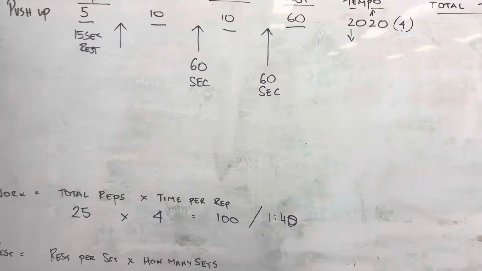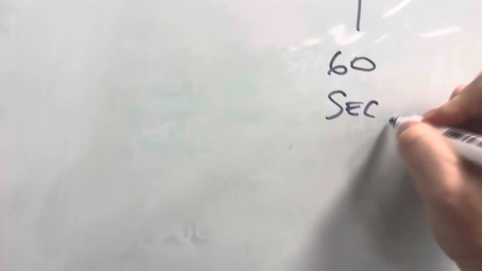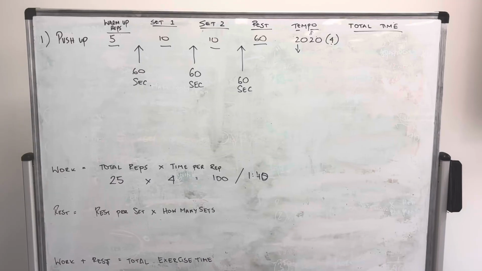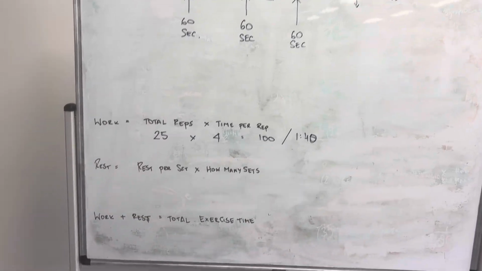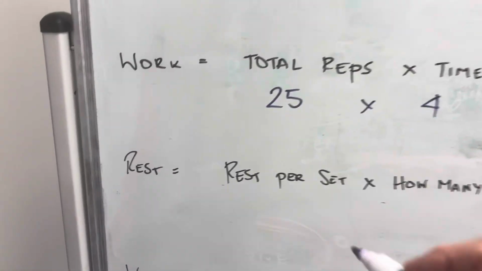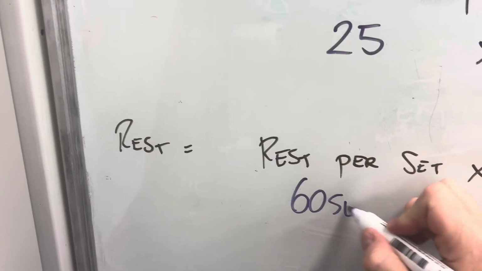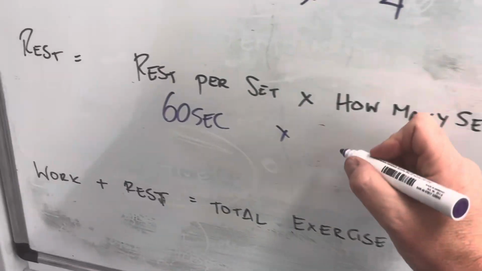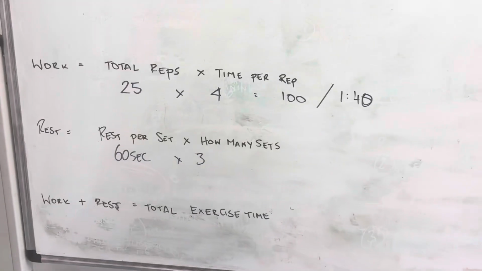So what I will do is rub this off because it is not written any other way. And I now have 3 sets of 60 seconds rest. So I go down to this template, rest per set is 60 seconds, and I'm going to times it by 3 because it happens 3 times.